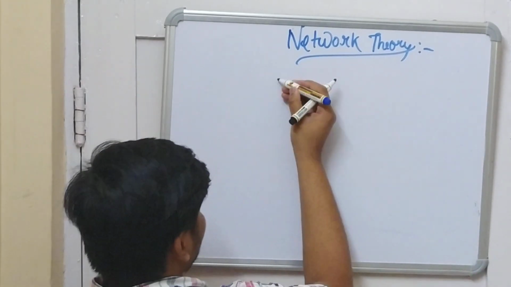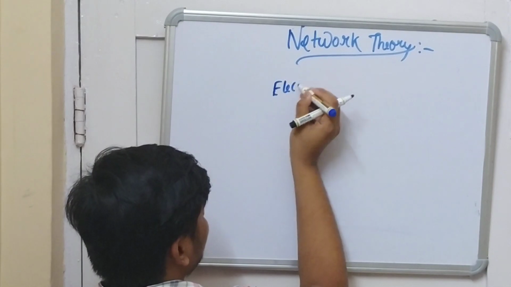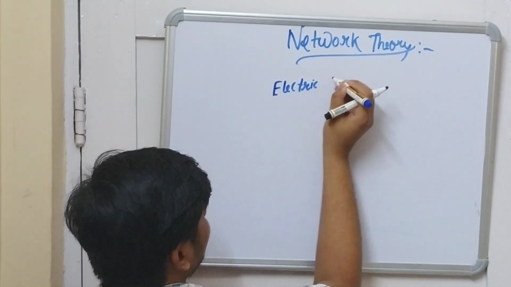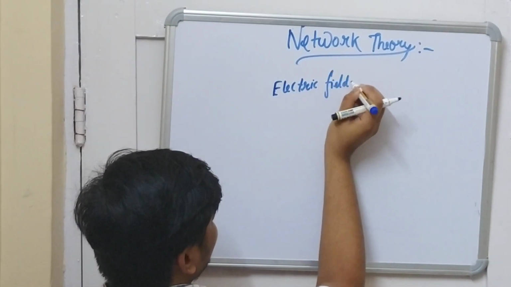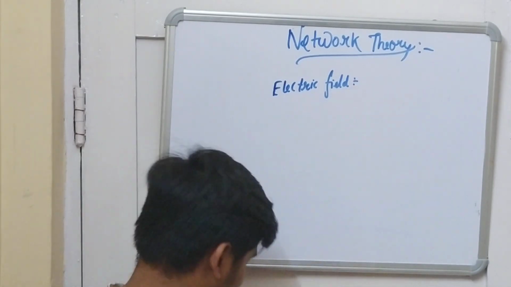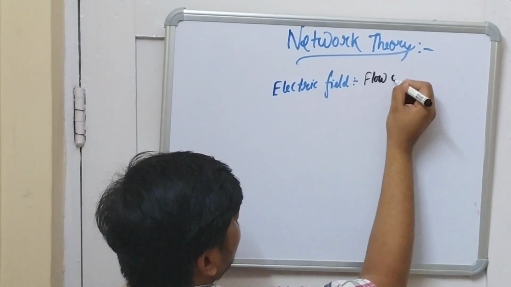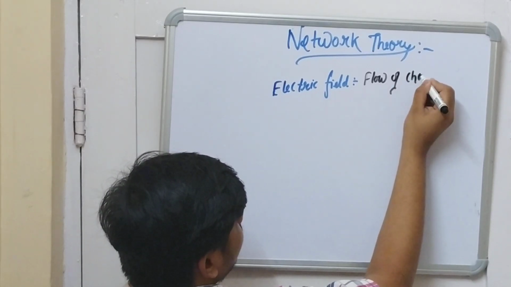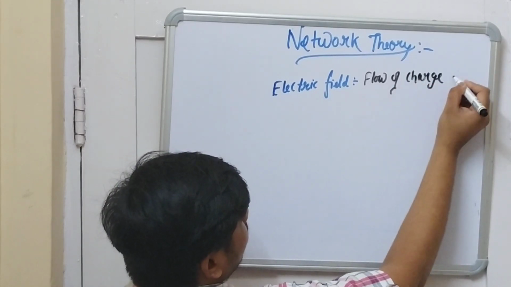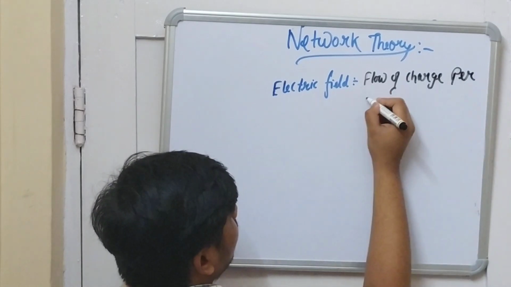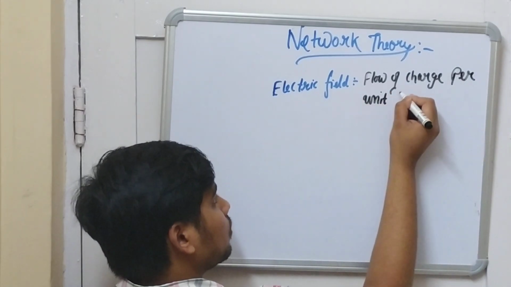An electric field is flow of charge per unit length.